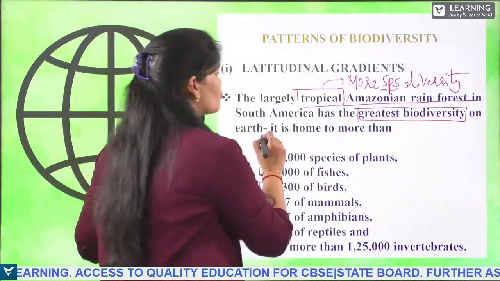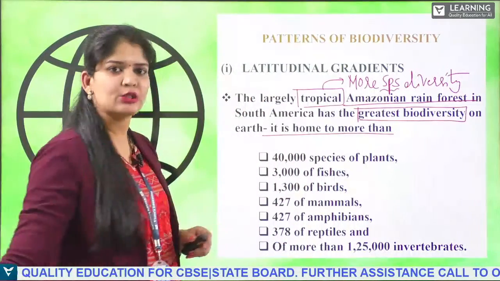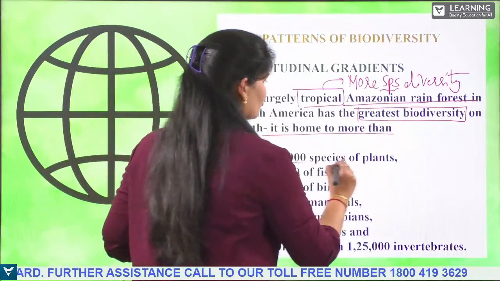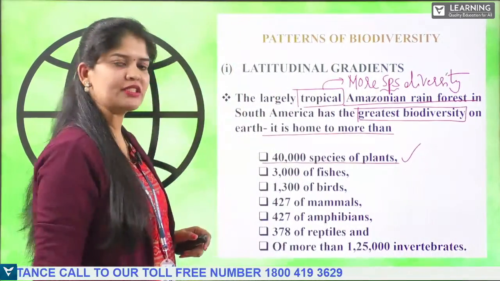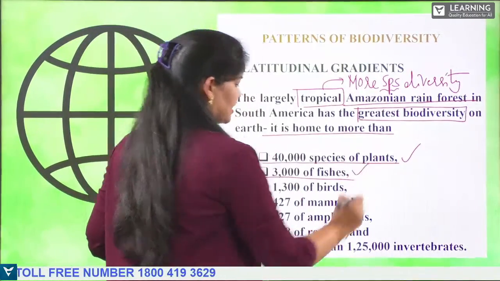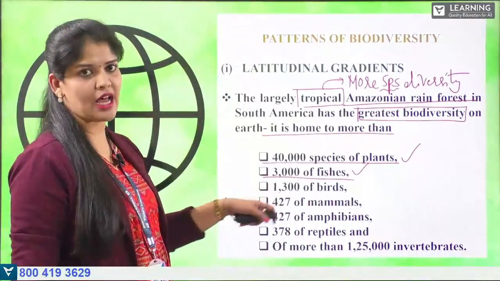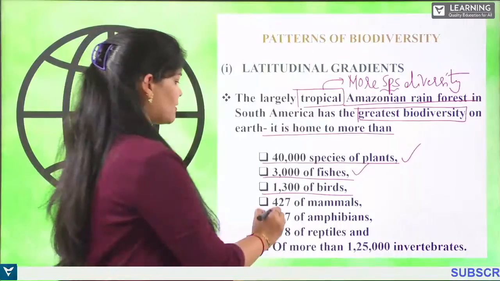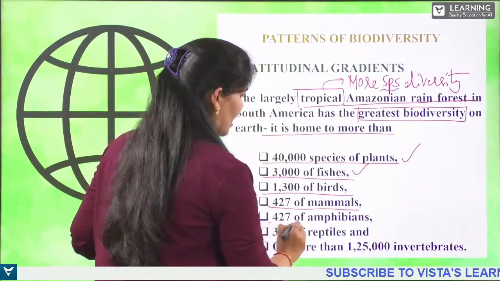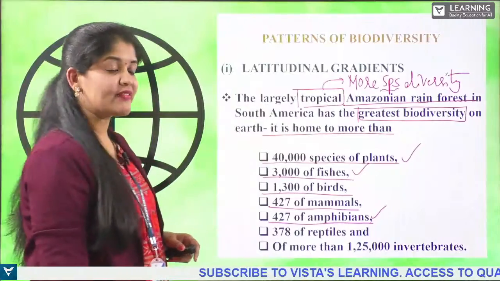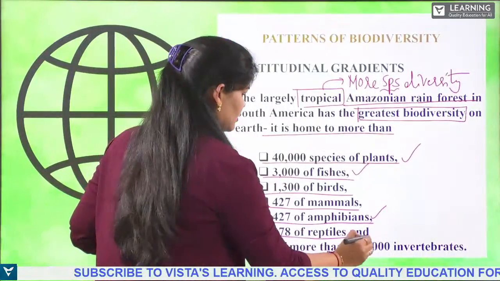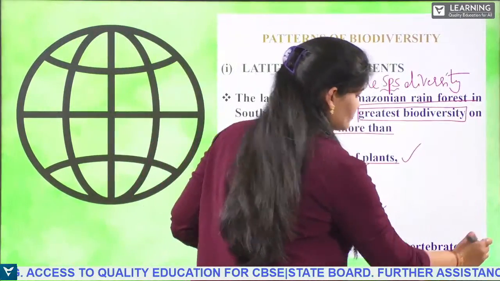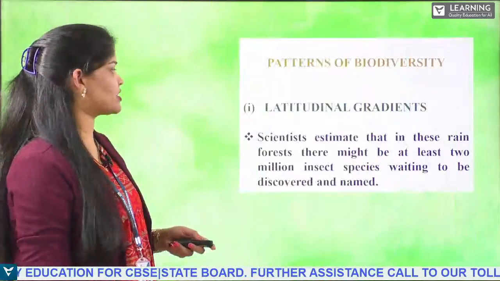It is home to more than, this is the list of the diversified species, 40,000 species of plants, 3,000 species of fishes, 1,300 species of birds, 427 species of mammals, 427 species of amphibians, 378 species of reptiles, and more than 125,000 invertebrates, and much more insect species.